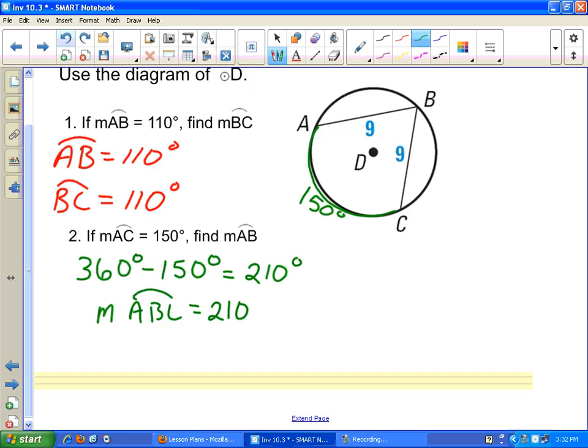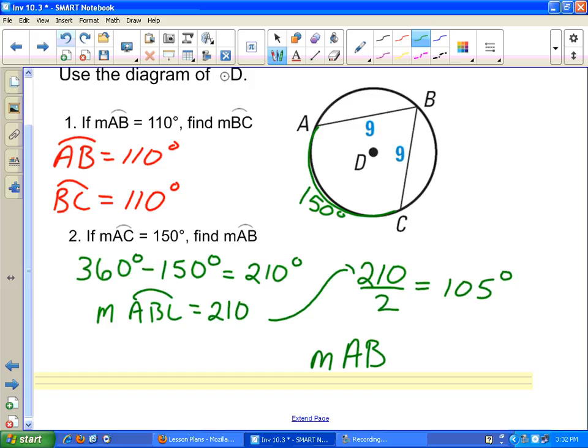Because we know that AB is equal to BC, all we have to do is take 210 divided by 2 and get 105 degrees. So we now know that arc AB is equal to 105 degrees.